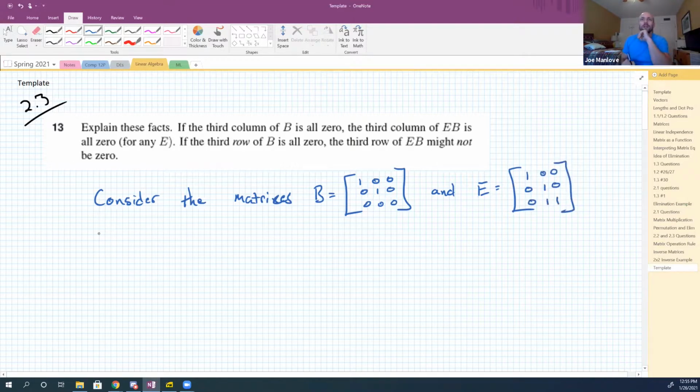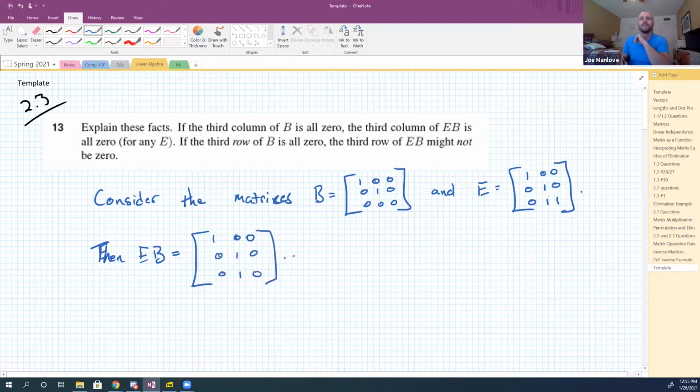Right? So then I can say, all right, we're considering these, then EB is, and we give our solution for EB. So EB is 1, 0, 0, 0, 1, 0, 0, 1, 0. Right, so this is not strictly speaking an explanation. This is an example, or a kind of a counterexample, right?